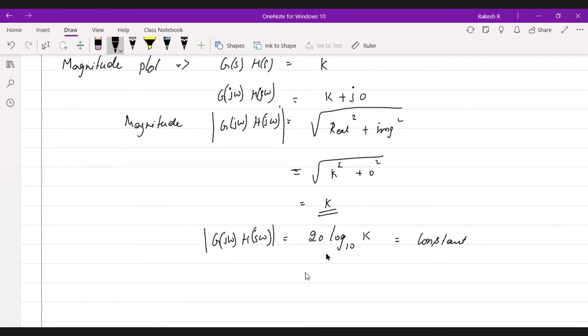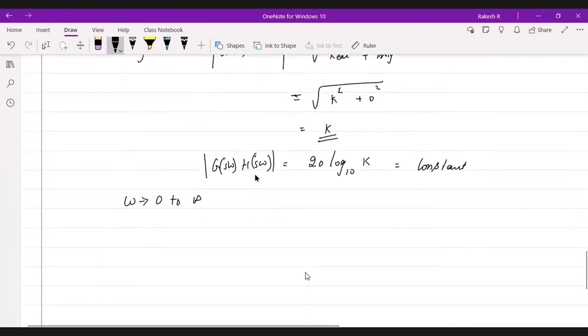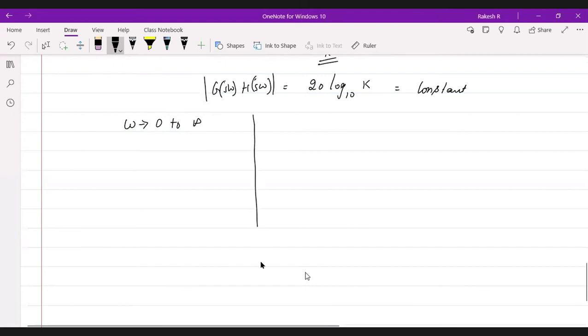That means when you vary omega from 0 to infinity, you can plot that in the graph, with log omega on one axis and the magnitude g of j omega into h of j omega on the other.